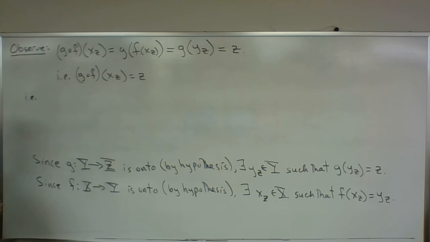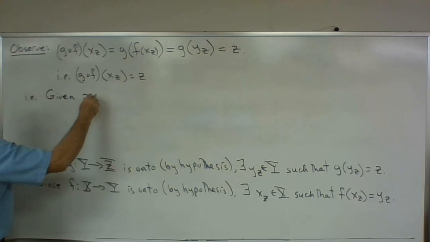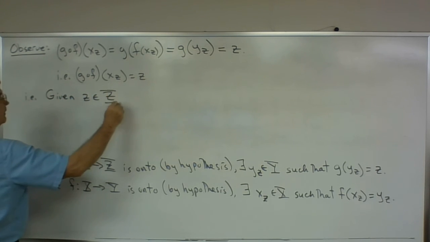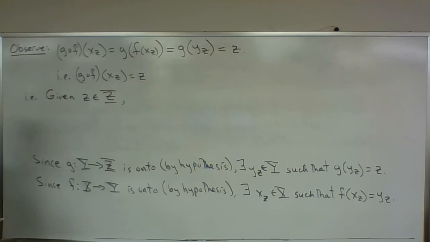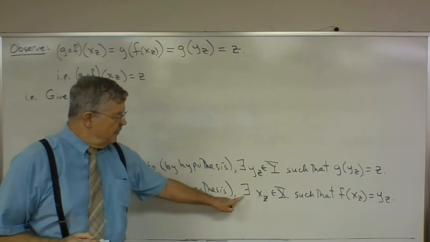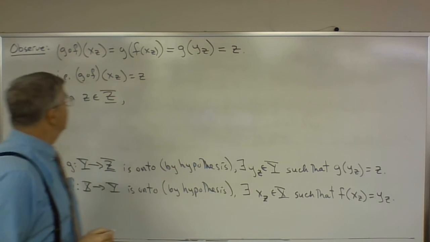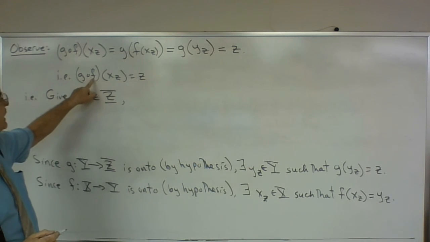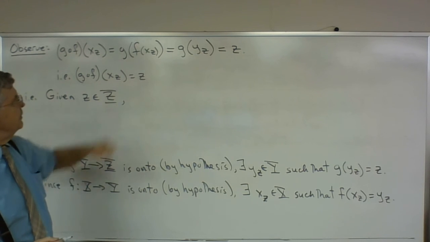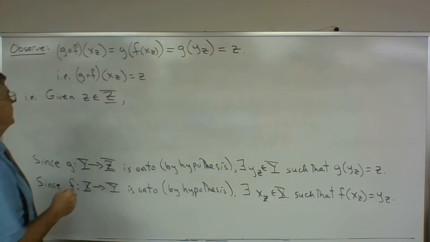We said let little z be an element of set Z. So, given little z in set Z, what did we do? We showed there was an element x sub z in set X such that g evaluated at f of x sub z equals z. That's what we showed.